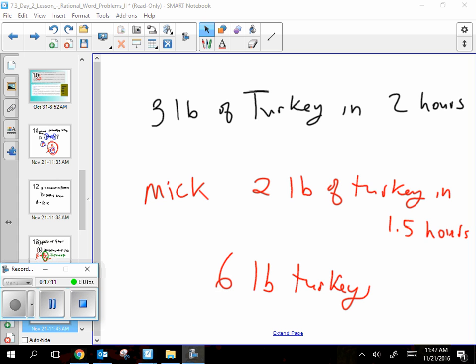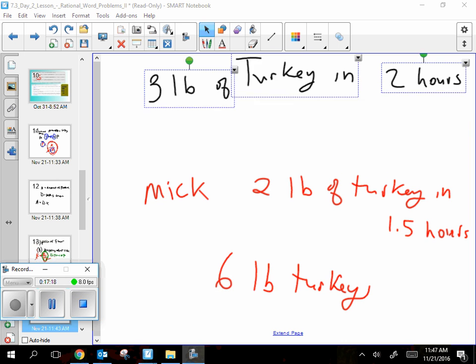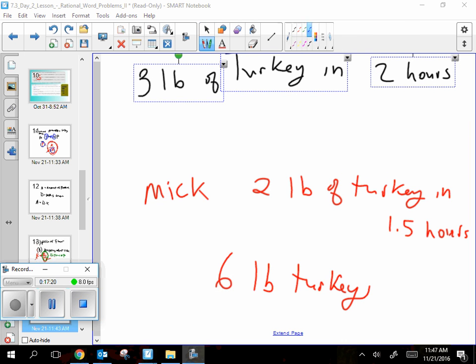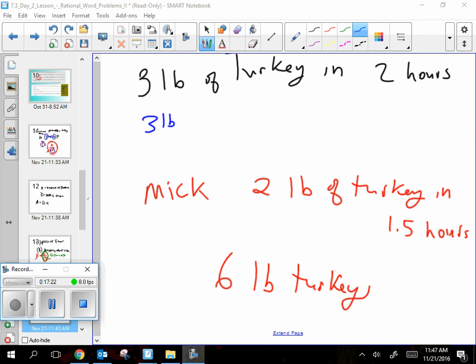Okay, so you should have said for this part, 3 pounds of turkey in 2 hours. You write a rate. And the rate is 3 LB over 2 H, plus the other rate, 2 LB over 1.5 H. And I'll probably change that to 3 over 2 to make it easier to work with.